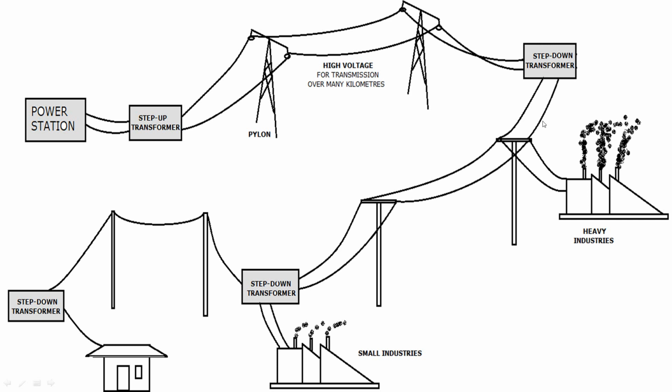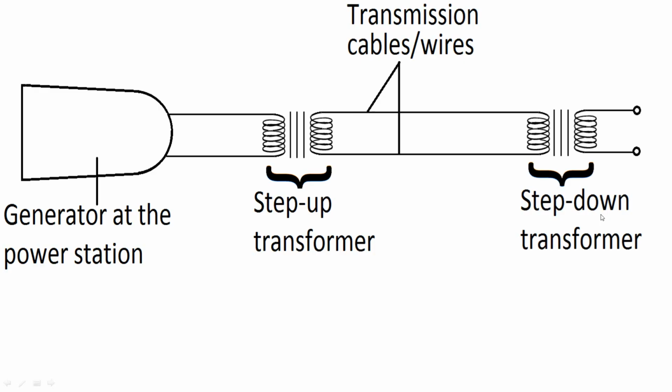Once it's stepped down, current is supplied to the heavy industries, and stepped down further to be supplied to the small industries, and stepped down further to be supplied to the homes. Basically, we just understand that after generation, it's stepped up for transmission and stepped down for consumption. And this is the summary.